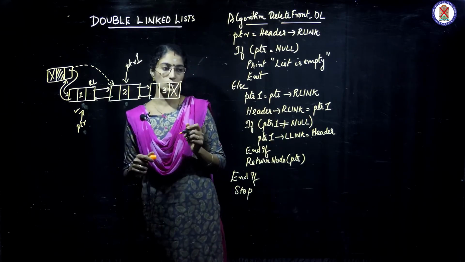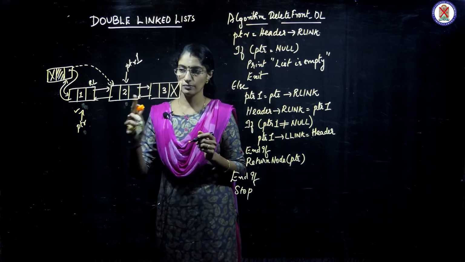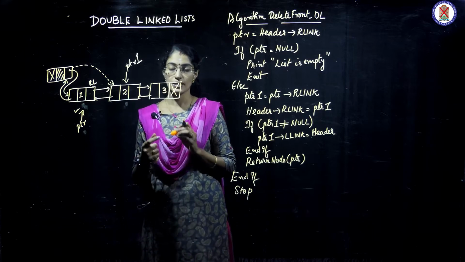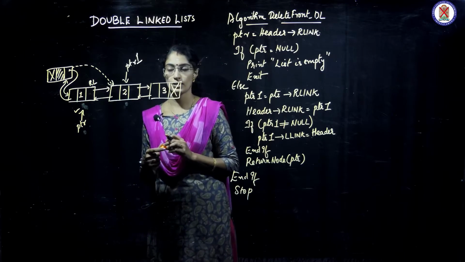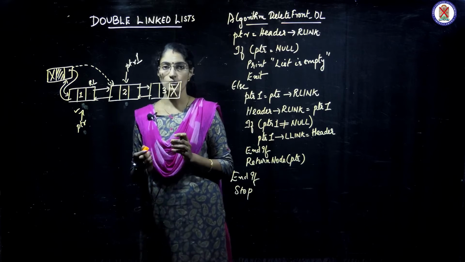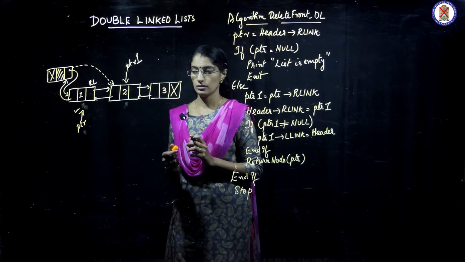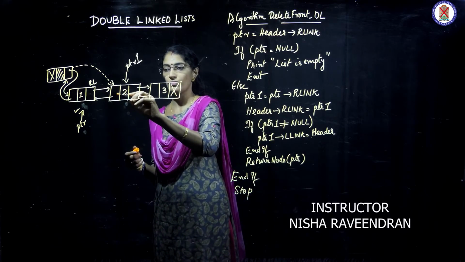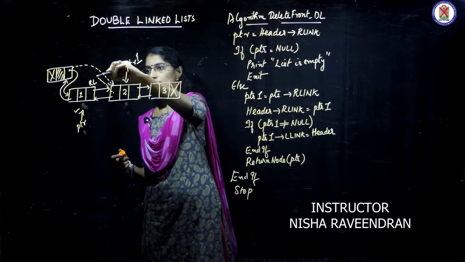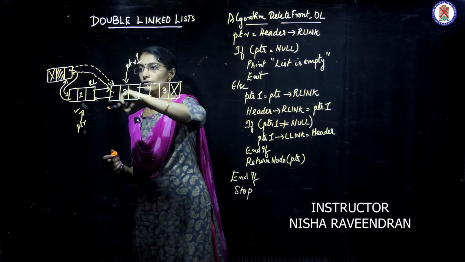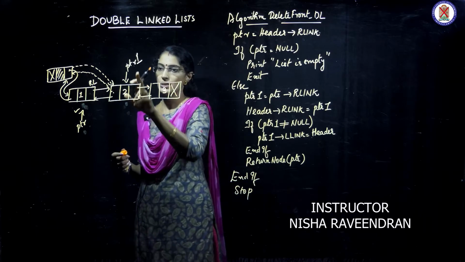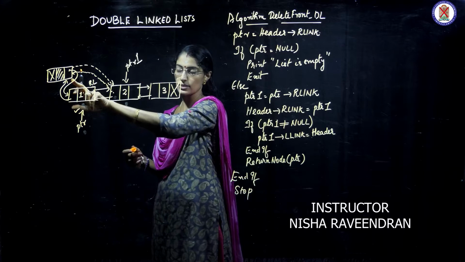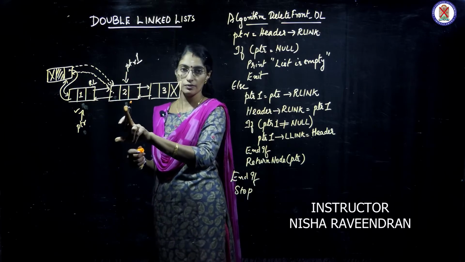Now in this example PTR1 is not null, but if it were null, what would it denote? Naturally it would be the end of the linked list. But since it is not null, the left link of PTR1 should hold the value of header, since PTR1 is going to become the first node.